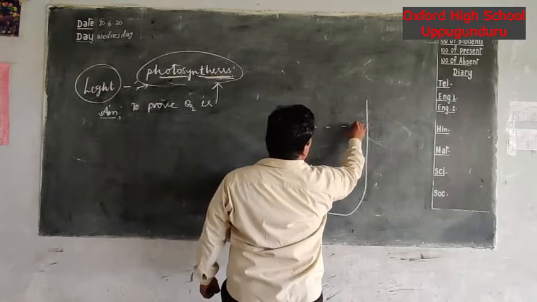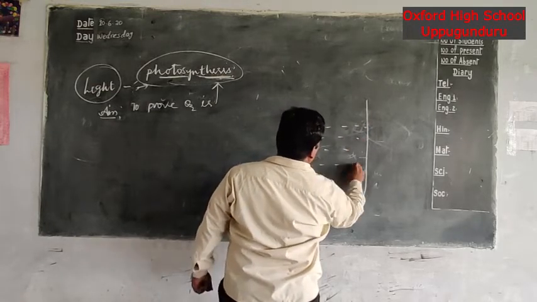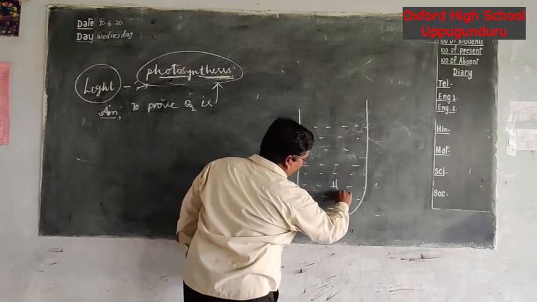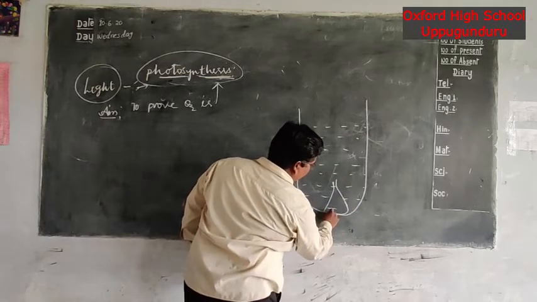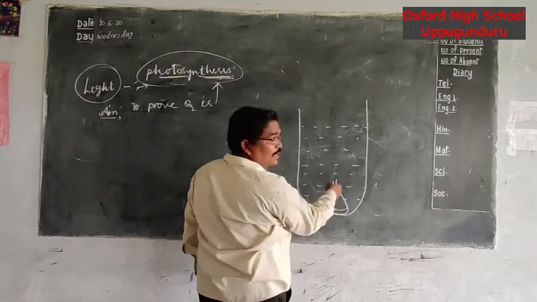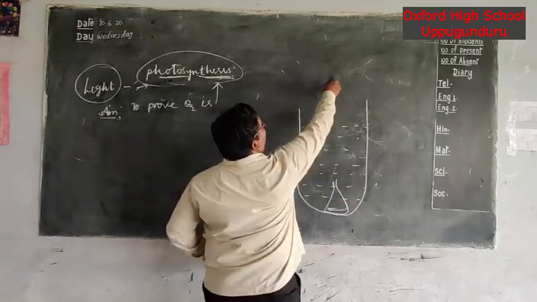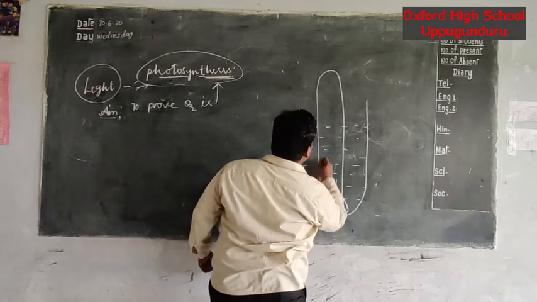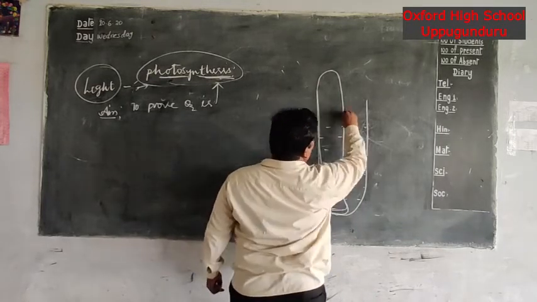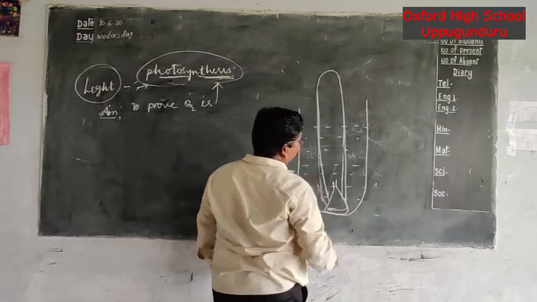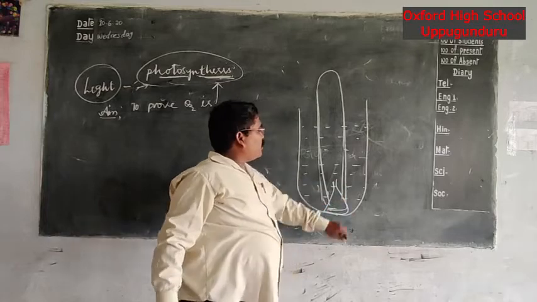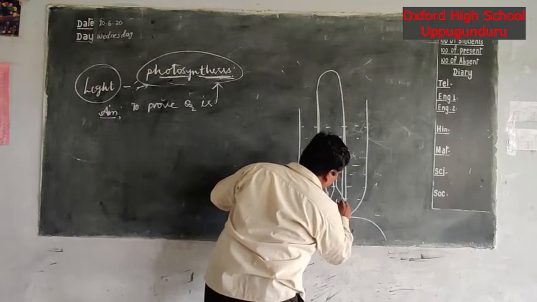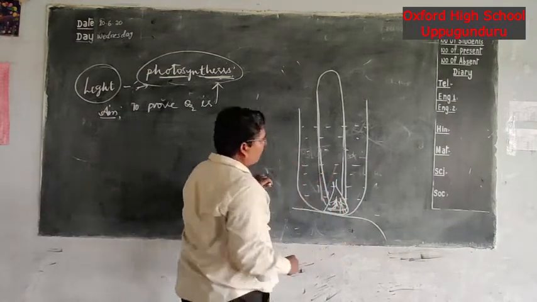beaker with water, a short stemmed funnel, and also one test tube, and a hydrilla plant.